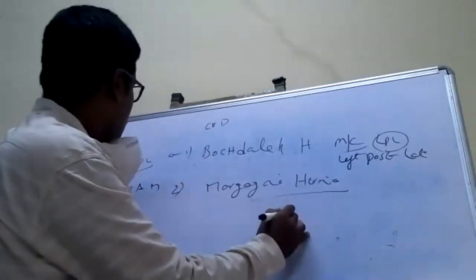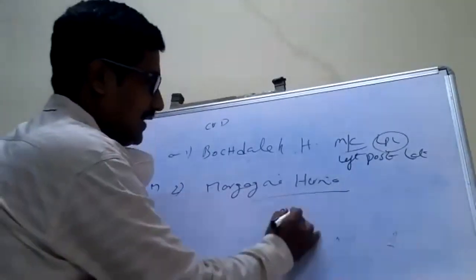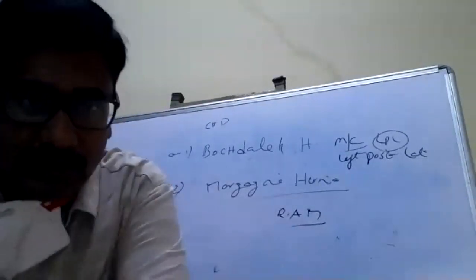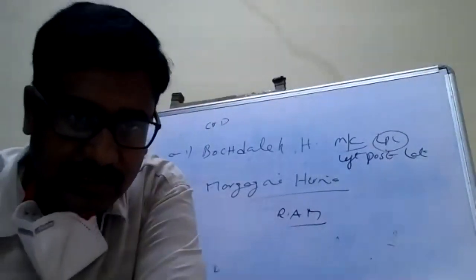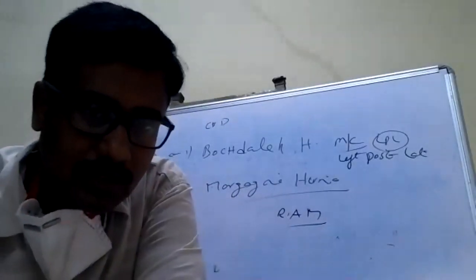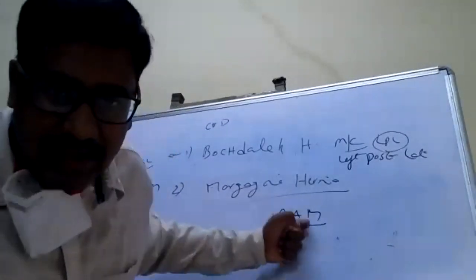In Morgagni hernia, it enters through the right anteromedial area.